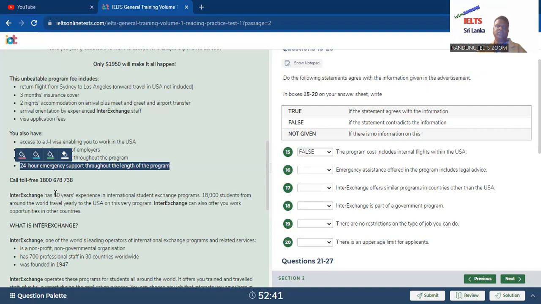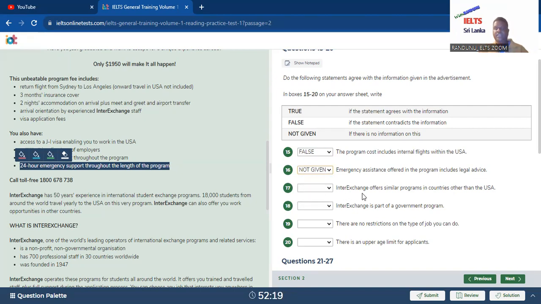So the information is not given, right? Emergency assistance is there, but we are not aware whether legal advice is there or not. So we don't know. It is not given.